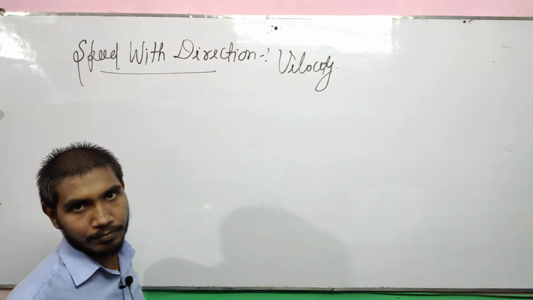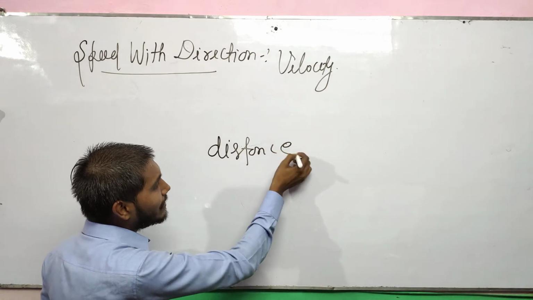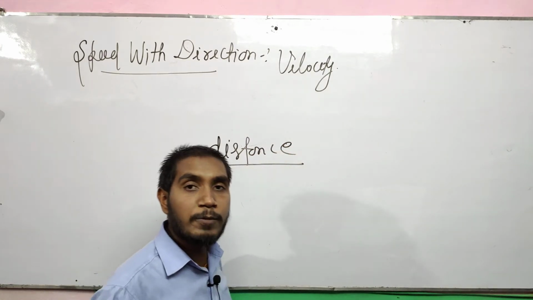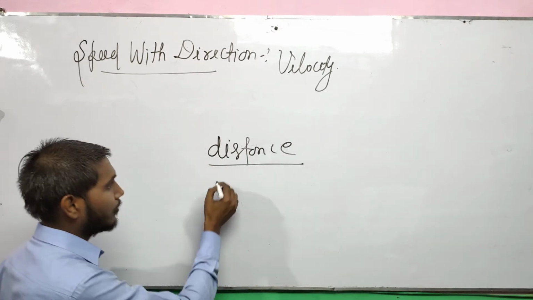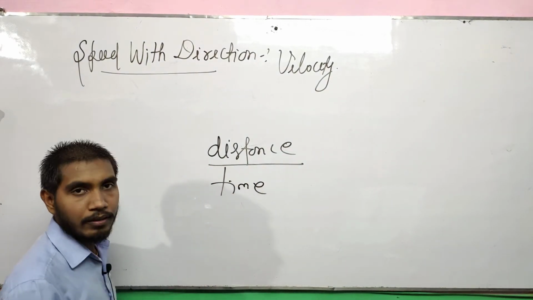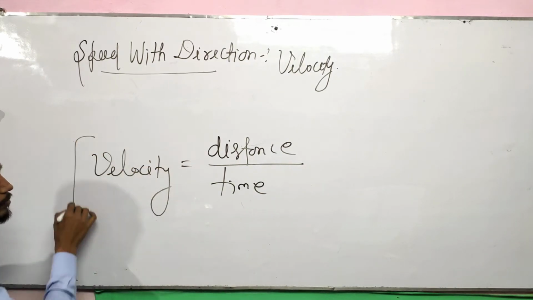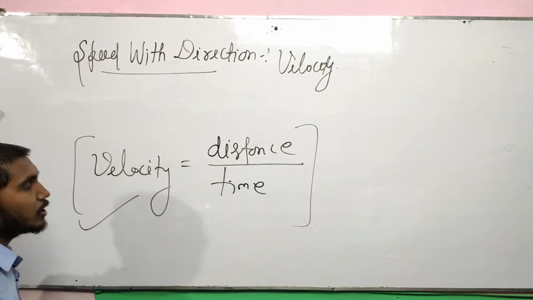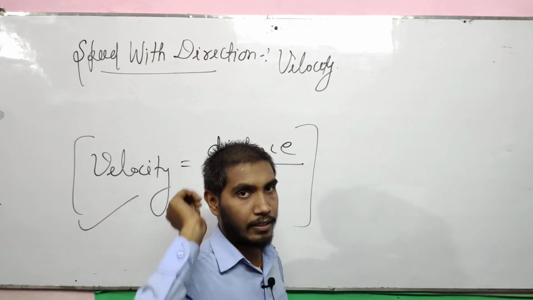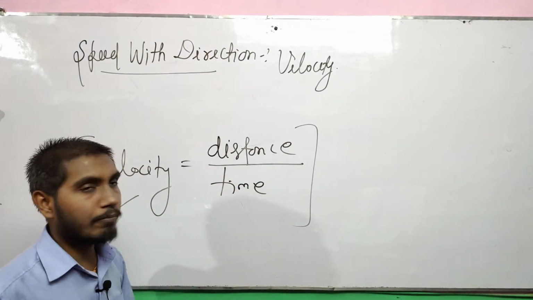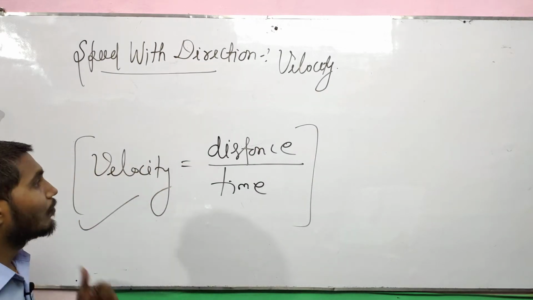The distance covered by an object per unit time in a given direction is called velocity.